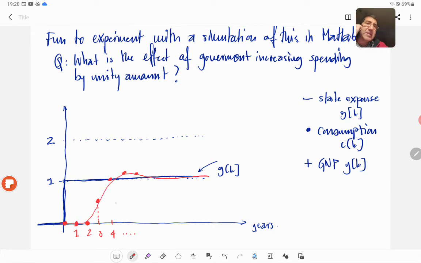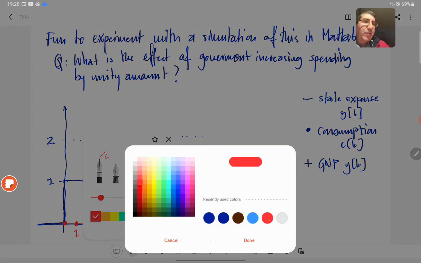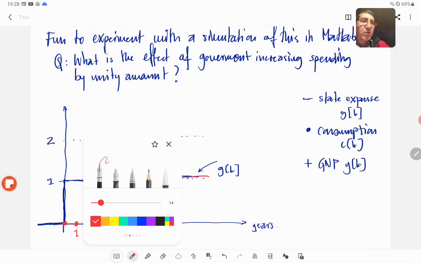Again, it is discrete, but I'm just indicating what kind of response curve we have. More interestingly, if we look at the gross national product, let me use maybe a slightly different color.